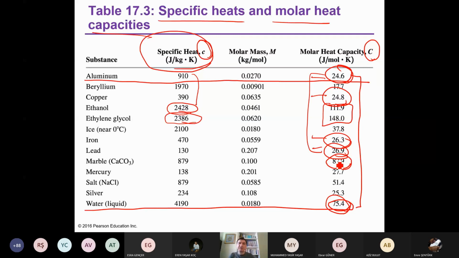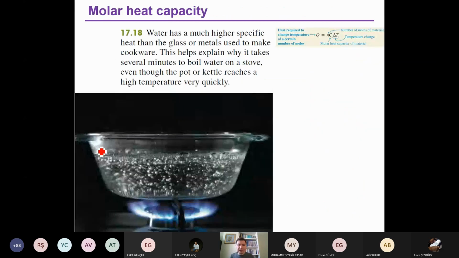And here I have the last transparency. Here we have a glass and we have water within the glass, and you would like to change the temperature of this water within this glass. So then we have this relation.